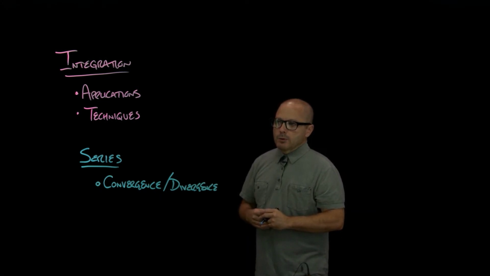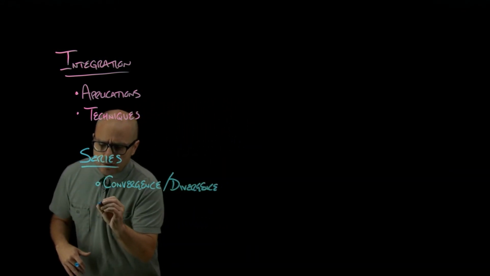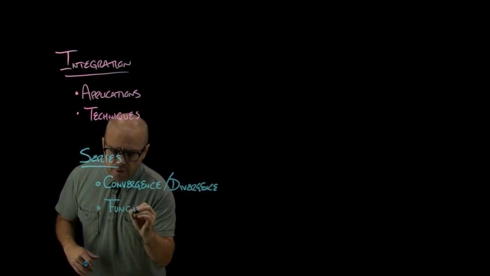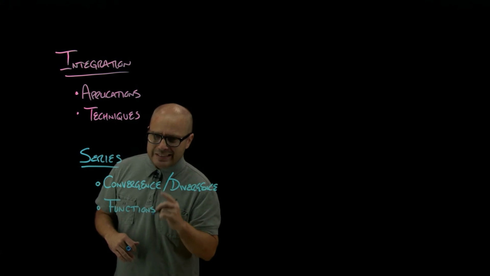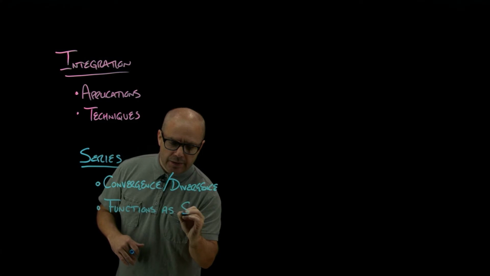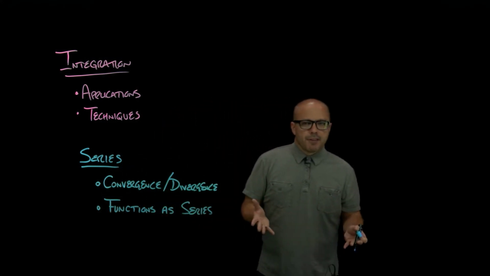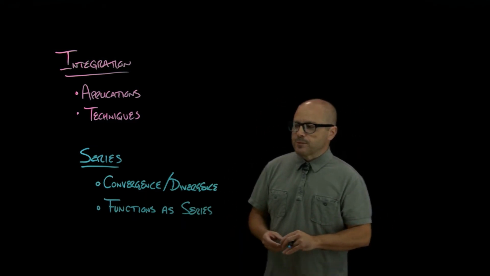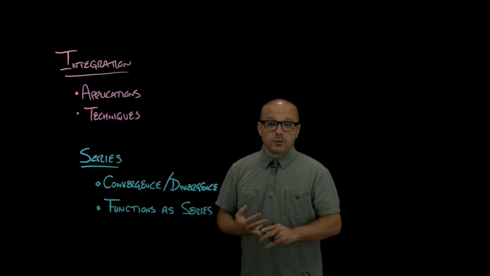And then we will transition into using those series. What are series for? What are these infinite sums? Well, we will look at functions. So the good old functions you know from algebra, specifically what are called transcendental functions, as series. You may not have thought about this before, but functions like sine and cosine, those trig functions, and functions like natural log, e to the x, those are what we call transcendental functions.